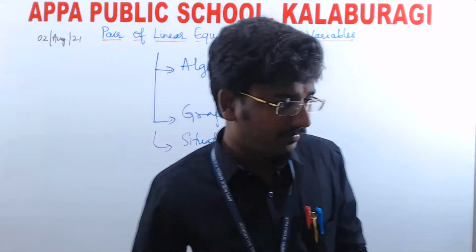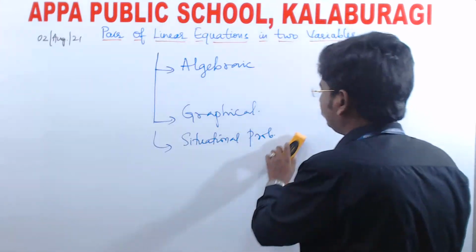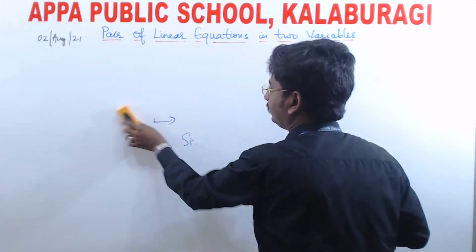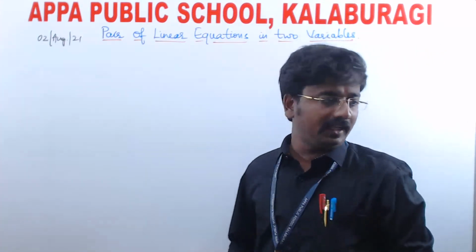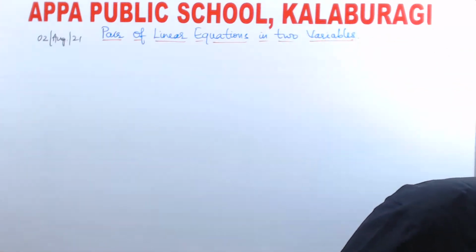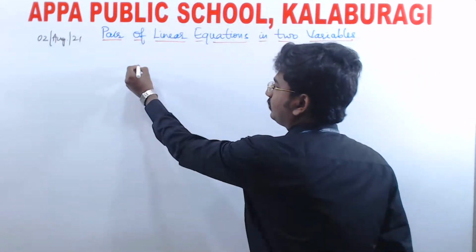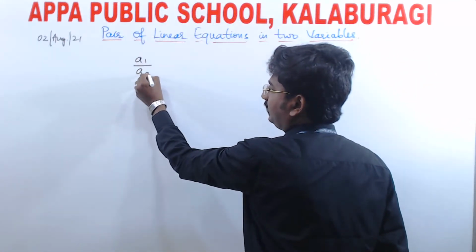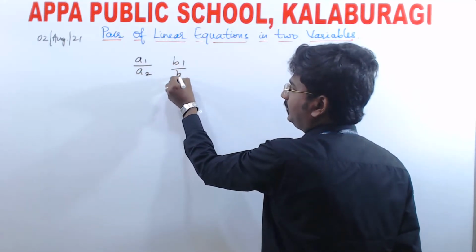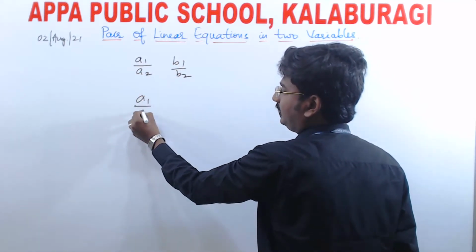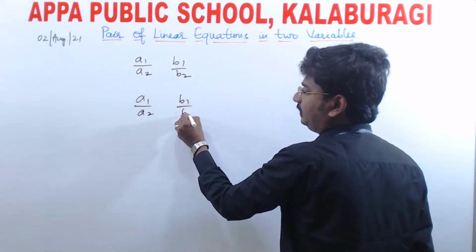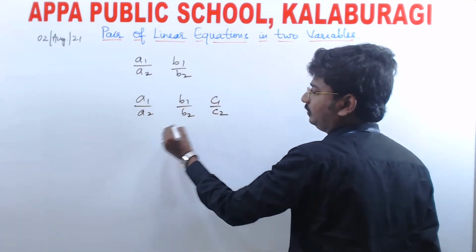Anyone quickly? As the chat box is on, let me see how many of you remember. If you know that one table, it is more than enough. There were some ratios, no? Think that I will write A1 by A2, B1 by B2, C1 by C2.